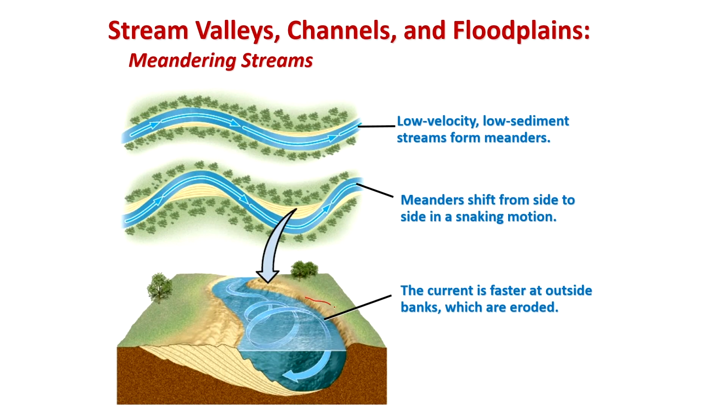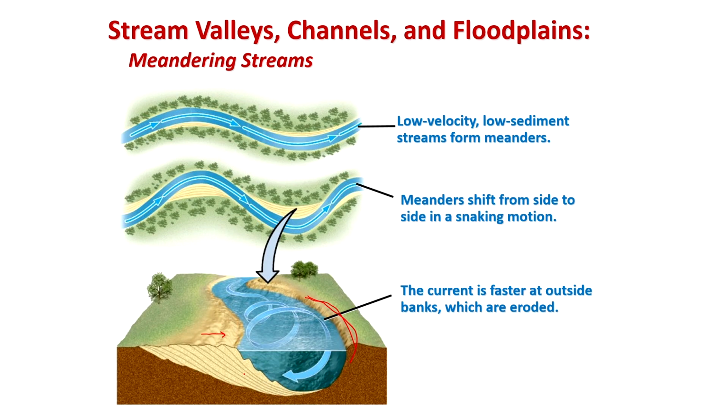If you see this in cross section, as we were discussing, the outer bank will be an erosional bank, and that will have a deeper path. So the river bed will be deeper in this area, and this is what we call a migratory bank, where we have deposition, and it will keep on migrating in this direction, whereas the other side will keep eroding further.